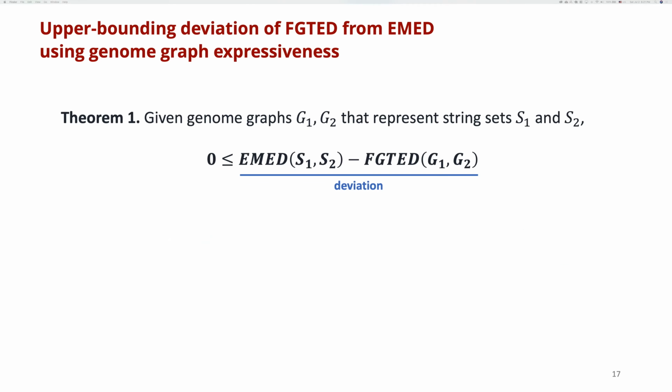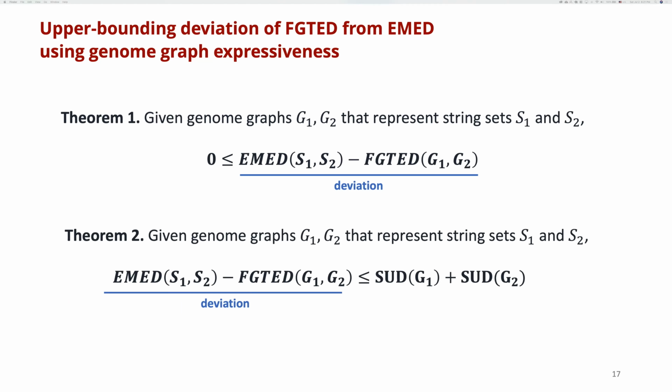And we show that using string set universe diameters, or SUDs, we're able to upper bound the deviation by the sum of SUDs. Now we have a theoretical upper and lower bound for the deviation between EMED and FGTED. In the next part, we'll show how we can empirically estimate the deviation using genome graph expressiveness and use that to improve FGTED.